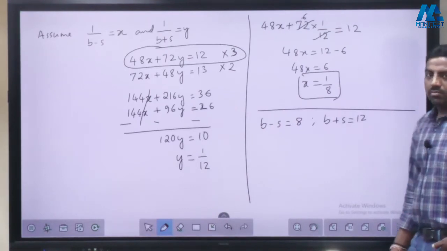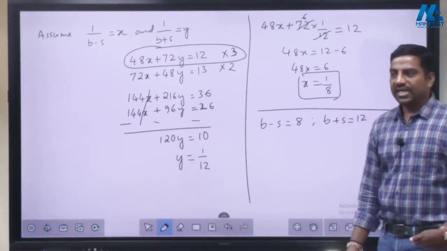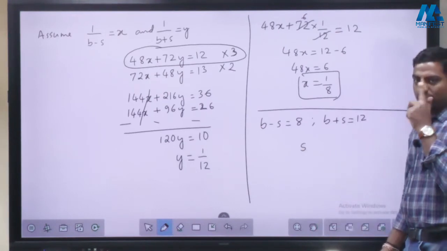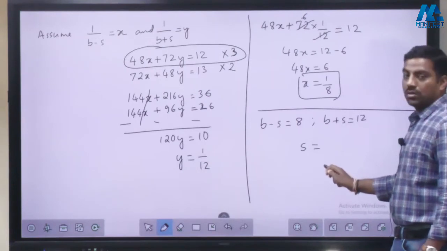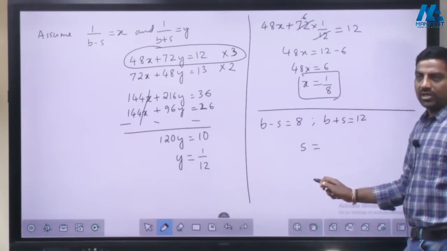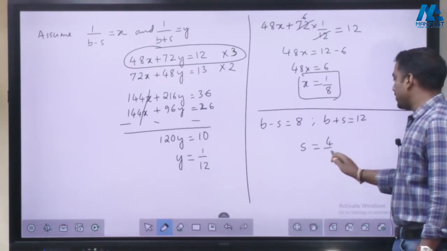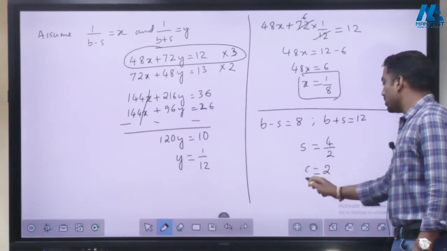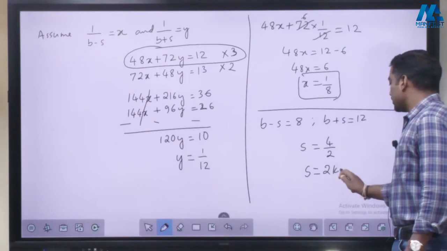Now what do we want? B or s? Yes, take the difference of 12 and 8. That is 4. Take the difference of 12 and 8, 4, divided by 2. So the speed of the stream is 2 km per hour.